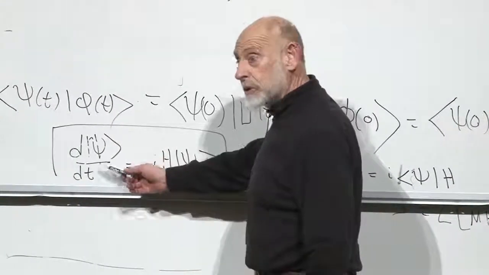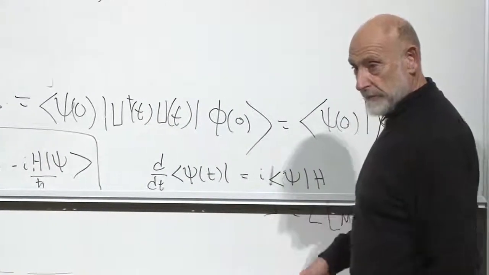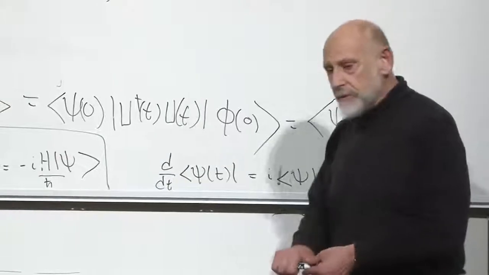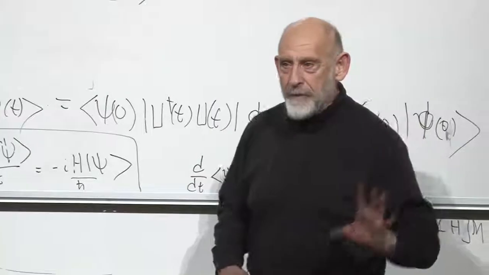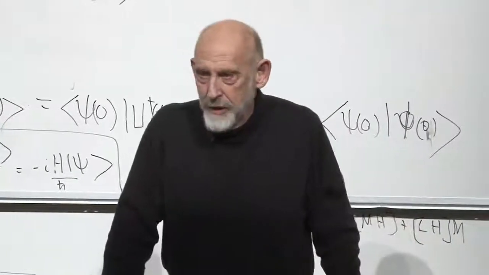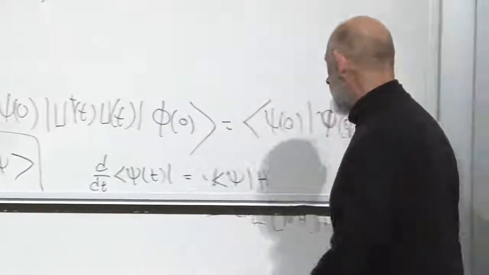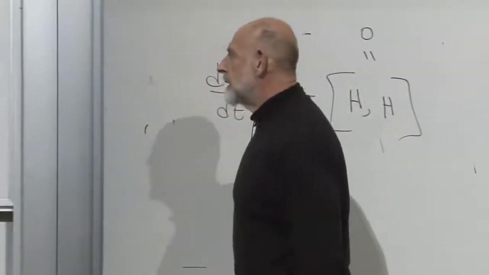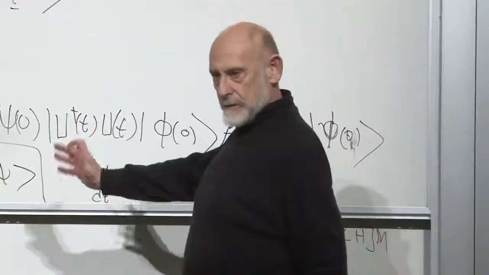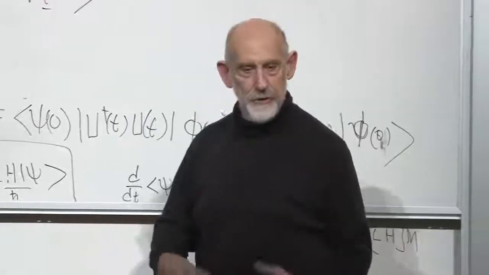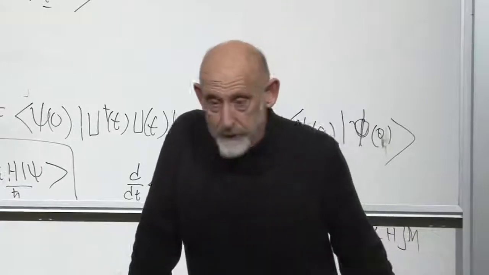The bra that's dual to this ket is the time derivative of the corresponding bra vector. So since time's not an operator, you don't have to worry. Time, just think of this as taking the difference of two vectors. Yeah, it's just a difference of two vectors. Right. Exactly. And again, quantum mechanics is weird, but taking the difference of two vectors and replacing it by a derivative when the difference is small, that's perfectly legitimate.